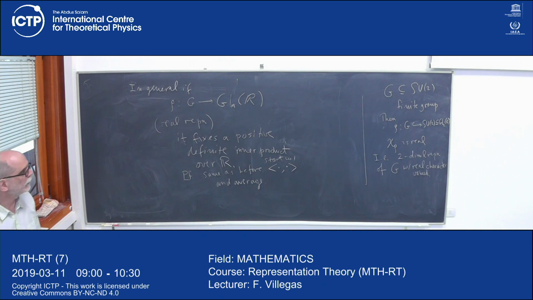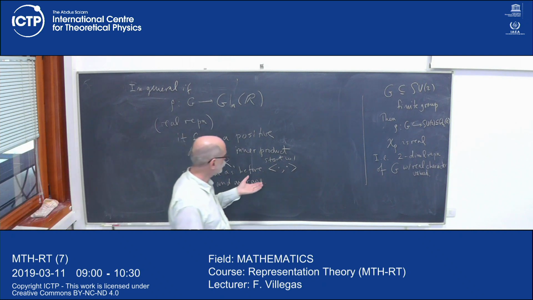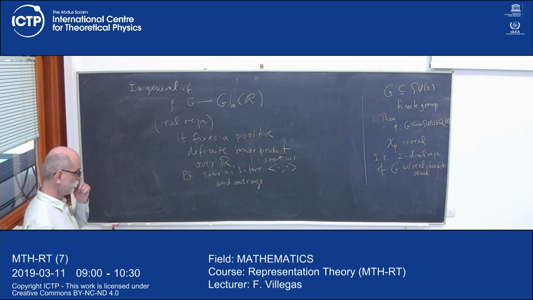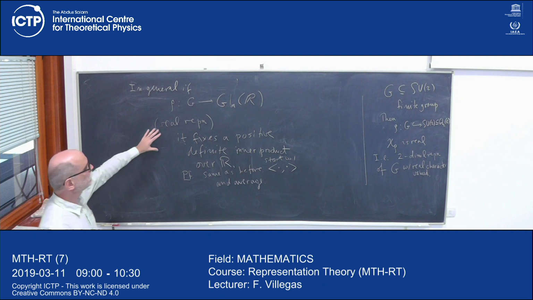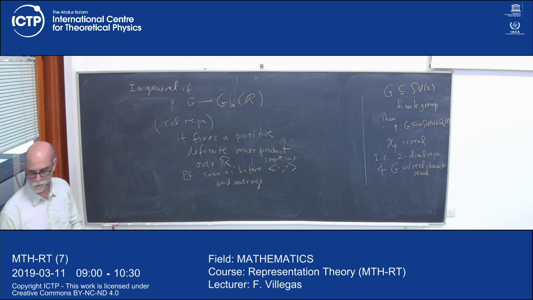So you get a positive definite inner product on your space, everything defined over R. The matrices that you're using for G have real entries. There's no C anywhere. So if you have a real representation, you necessarily will fix a usual real inner product.